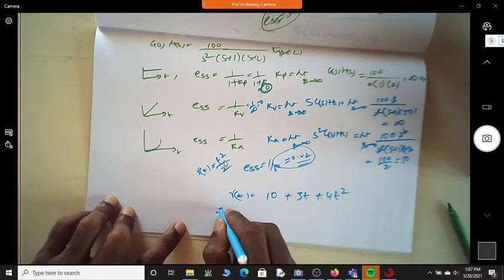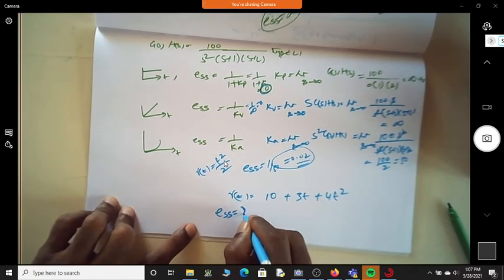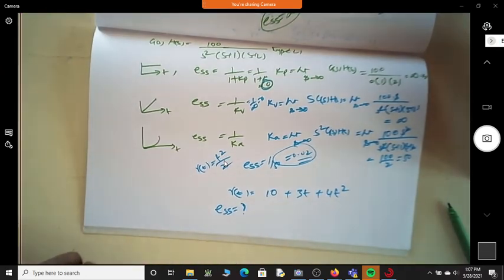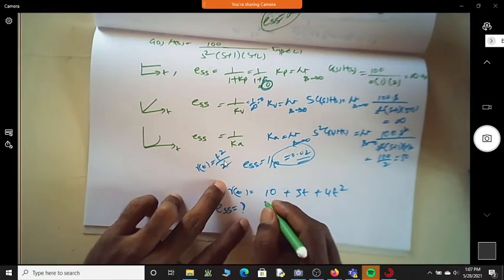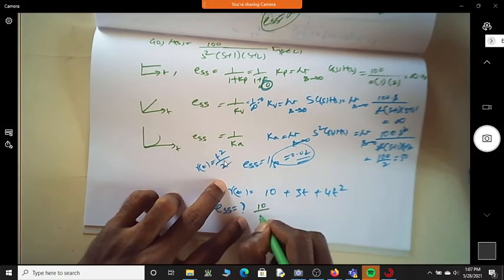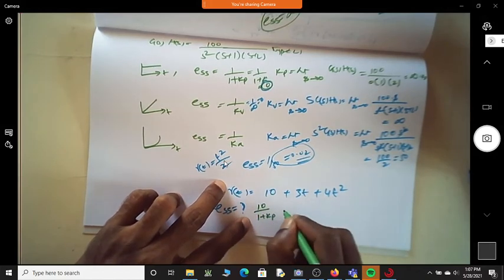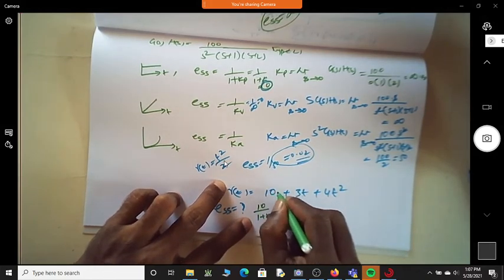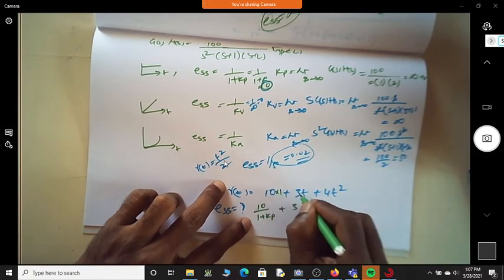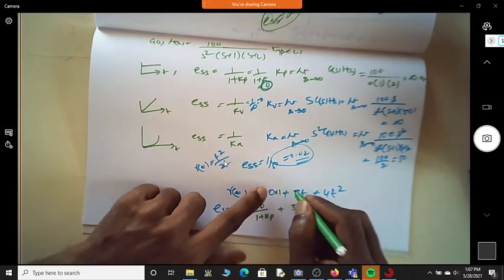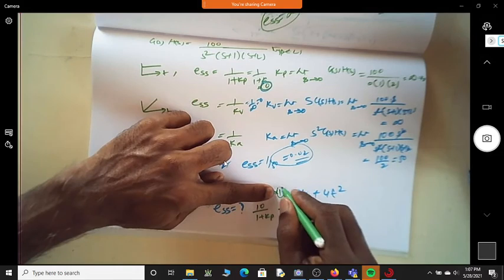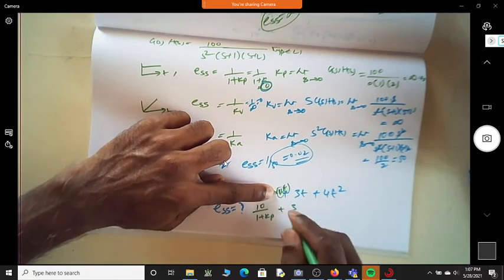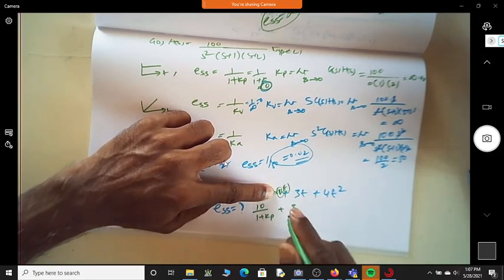I am looking at what is ESS. In such a case, it is 10 by 1 plus Kp, because I can consider this as 10 into 1, like a unit step u of t. For u of t, you know that it is 1 over 1 plus Kp.